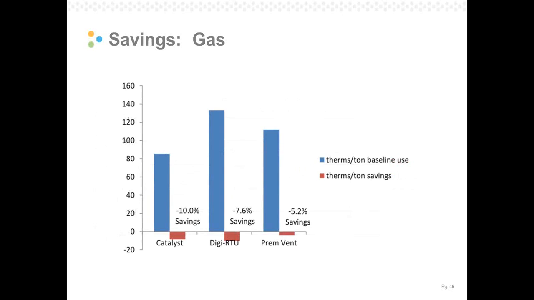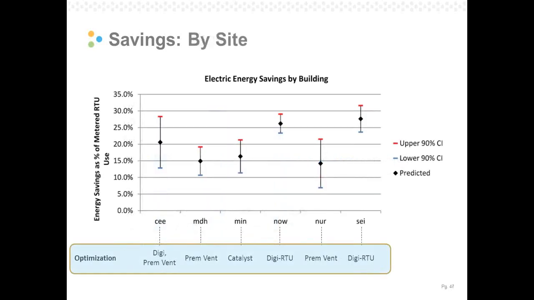This is a flatter curve as far as what the baseline energy use was in each optimization routine. The Catalyst, again, is at 10%, Digi RTU 7.6, and the premium ventilation at 5.2. To show you the energy saved by site, I've indicated each site here with the bottom telling you what optimization package was installed at each site.